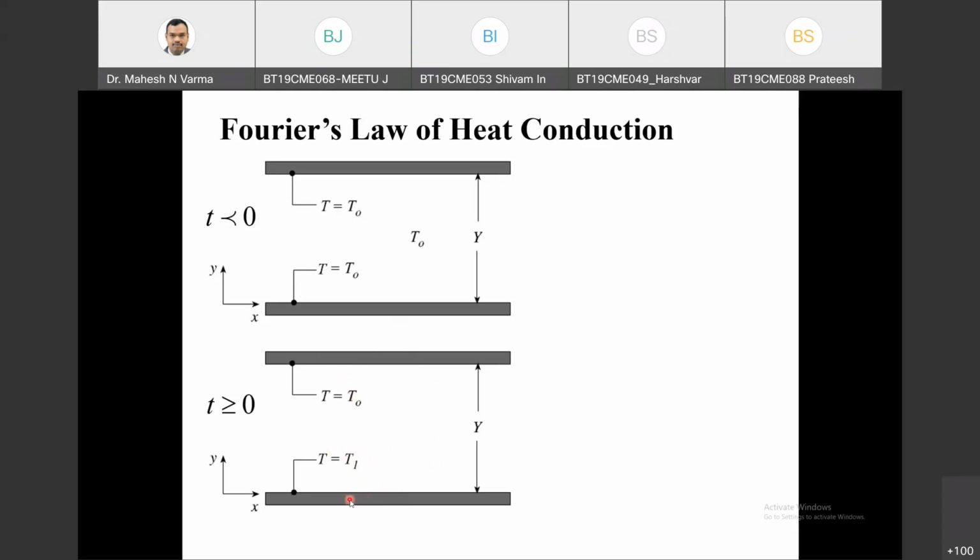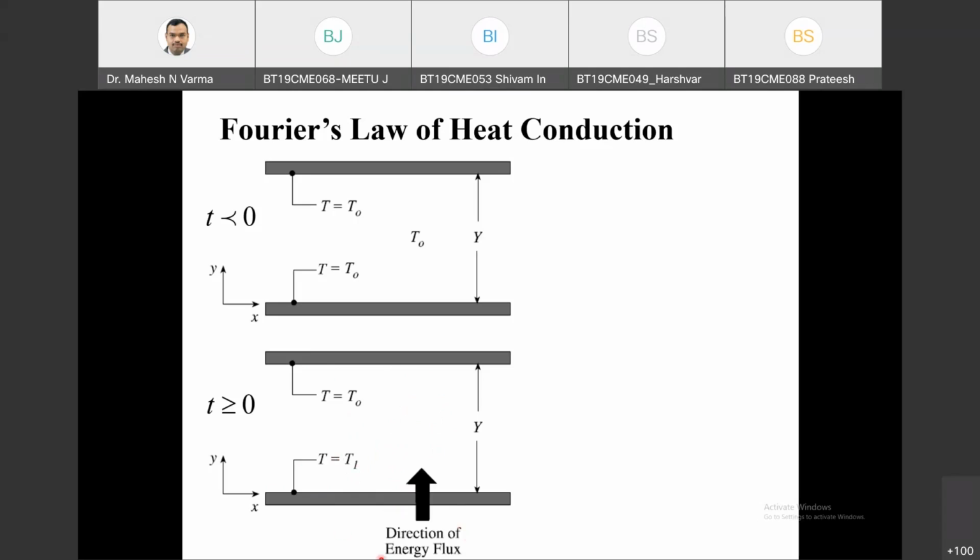The upper and bottom plates are given just to provide and remove the heat. Our material of concern is the sandwich material. There is heat transport in the y direction because there is a temperature gradient, and slowly some temperature profile will set.